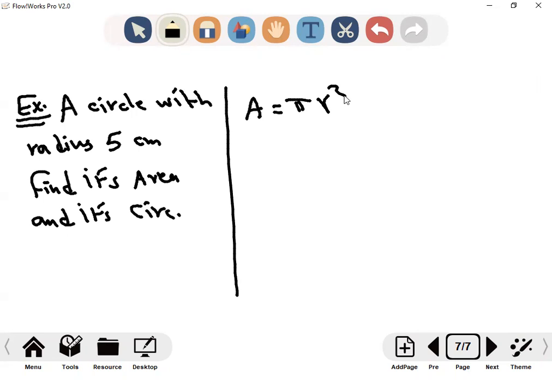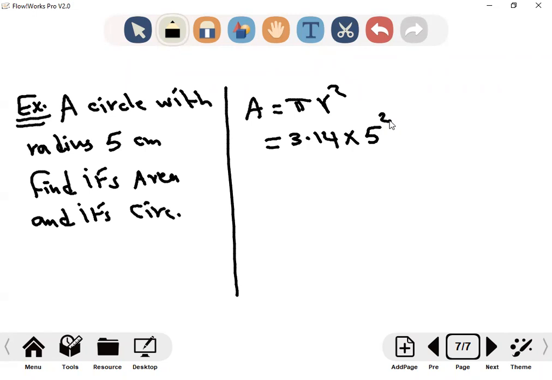The radius is given how much? 5 centimeters. And the pi, we use 3.14. So here we replace the pi with the 3.14, multiply the radius is 5. So r power 2 means 5 to the power of 2, right? In order of operations, what we do first? We multiply or exponent? Exponent.